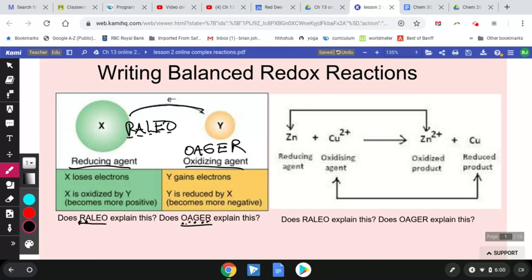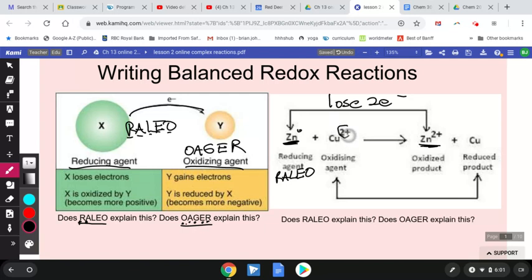And if we look at this overall reaction, we can split it into its two half reactions. How does zinc go from an element with a charge of 0 to zinc with a charge of 2 plus? To become more positive, you have to lose negative. So if you lose electrons, you are Ralio, the reducing agent, losing electrons and undergoing oxidation.